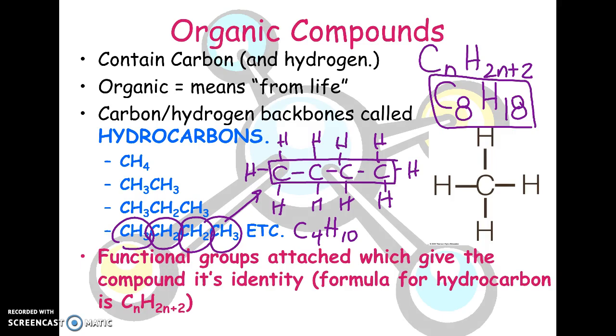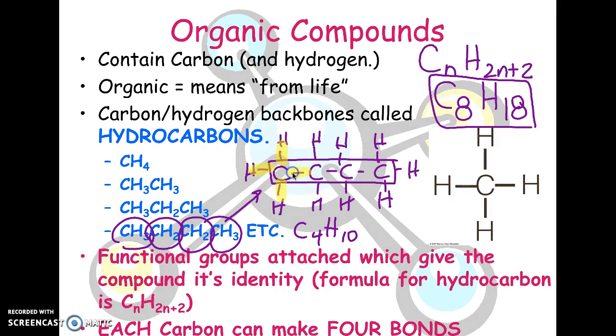And then the last thing here is that carbon always makes 4 bonds. There might be double bonds. It might not be 4 single bonds. But if I pick any carbon, for example, in this chain, I see that it's got 4 bonds. I could also draw this one, which is connected to hydrogens.